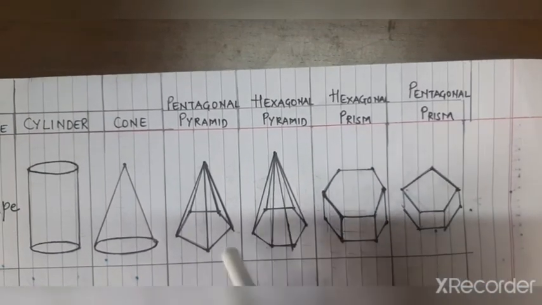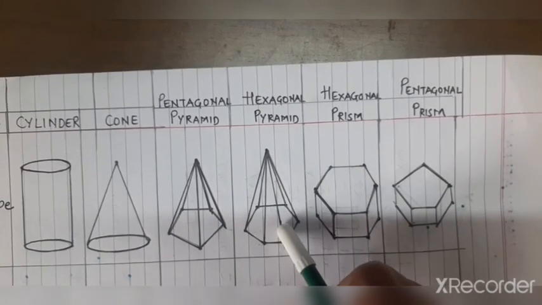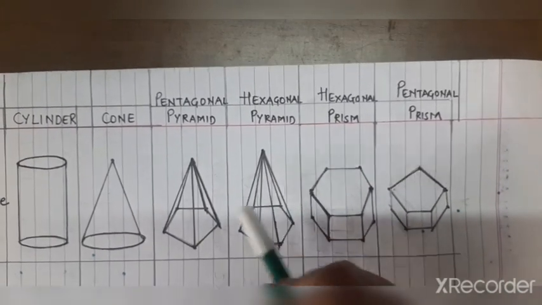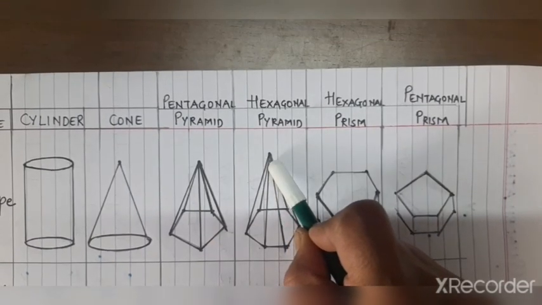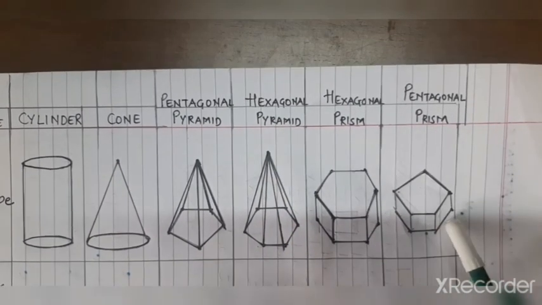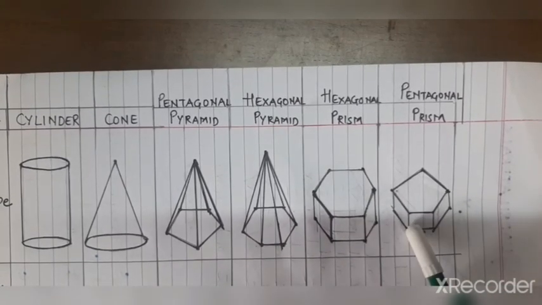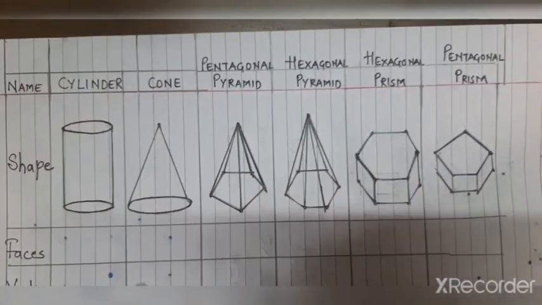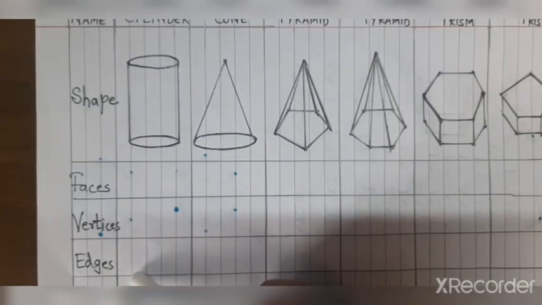Okay, I have given you the difference between pyramid and prism. You can see even here the pentagonal and hexagonal pyramid have an apex, a point at the top, whereas in a prism you will see that from top to bottom it has the same shape. Okay, now we have to find their faces, the vertices and the edges.